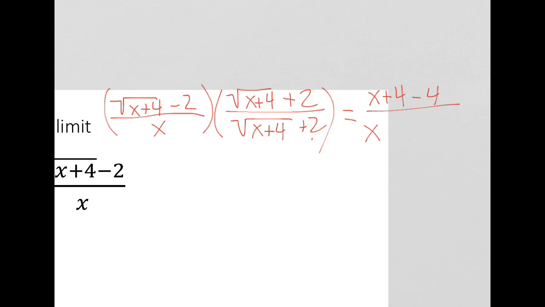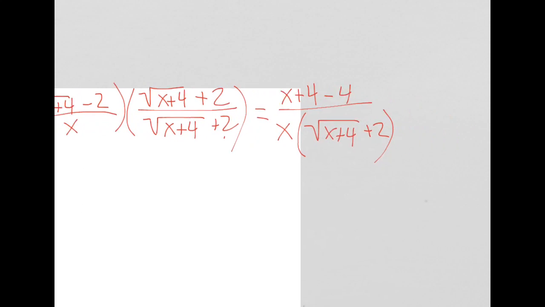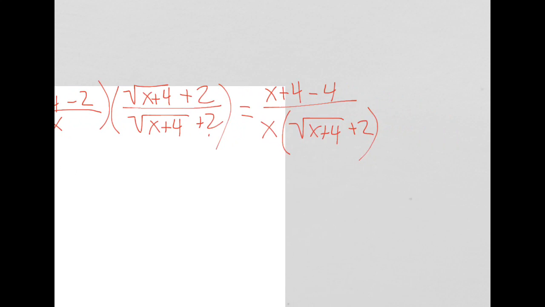And then the denominator, I'm going to get x times the square root of x plus 4 plus 2. And again, we're happy because 4 minus 4 is 0, and x over x simplifies. So we get 1 over the square root of x plus 4 plus 2.